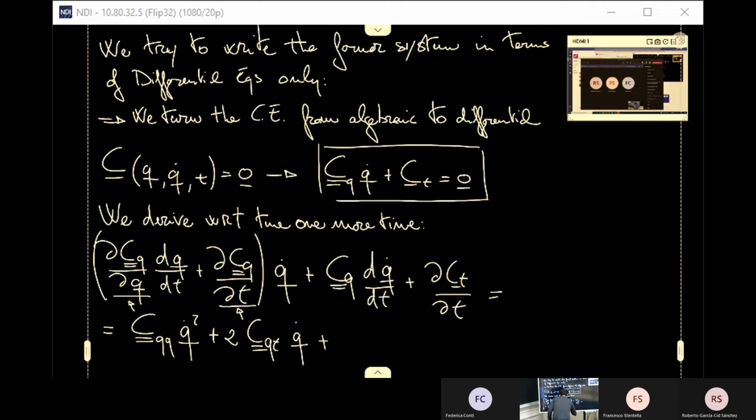And then we have C_tt, which is this one here. And of course, we have C_q q double dot equal to 0.